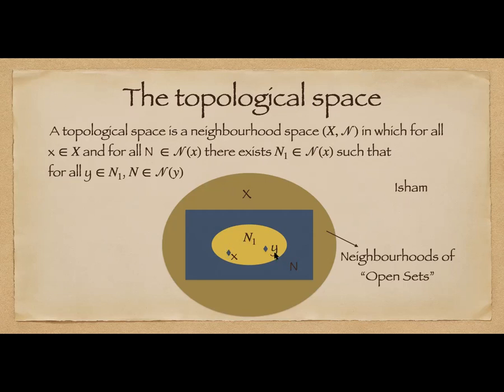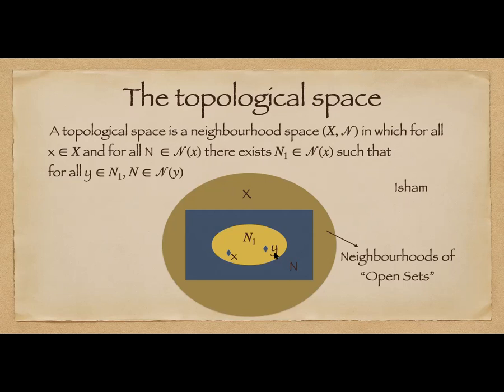So sufficiently close elements to element x should also be in the neighborhood of x. And vice versa, sufficiently close points to y should be in the neighborhood of y. So it can't be totally wild that the neighborhood of x and the neighborhood of y are totally disjoint. Then that's not a topological space.